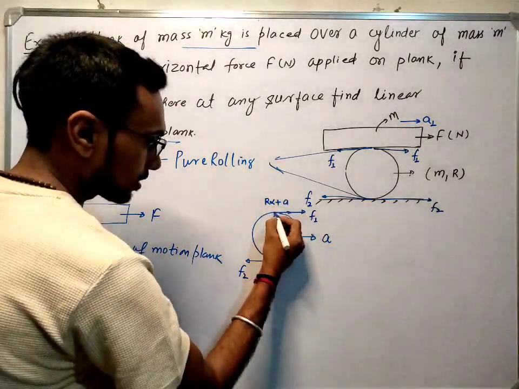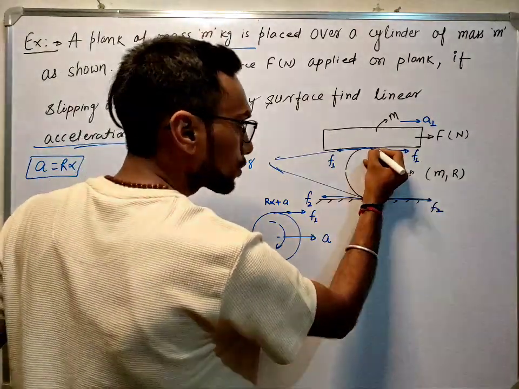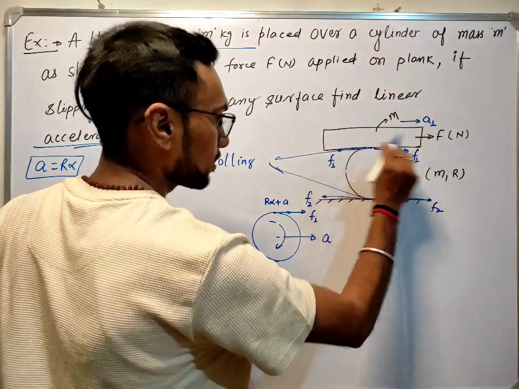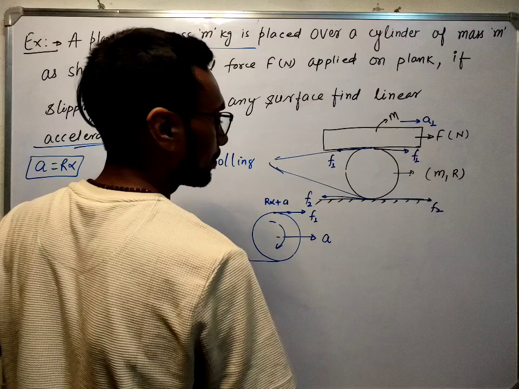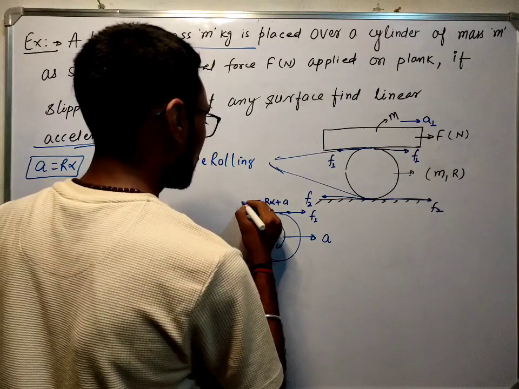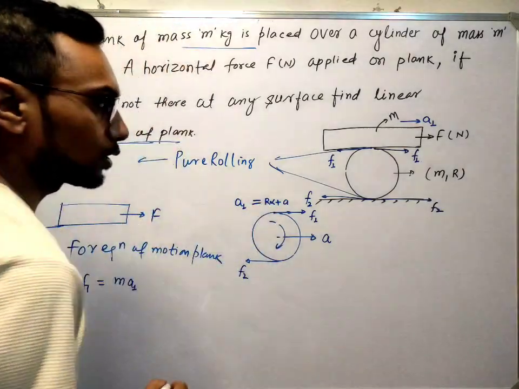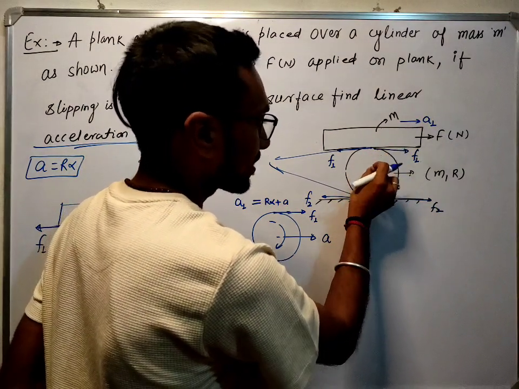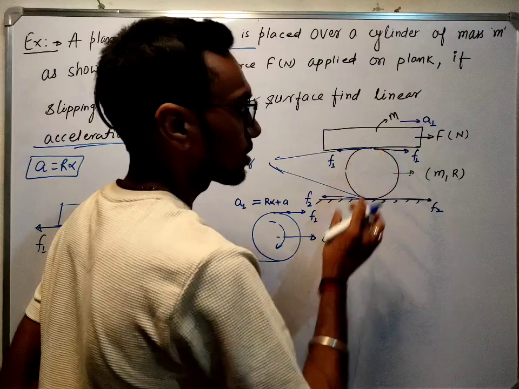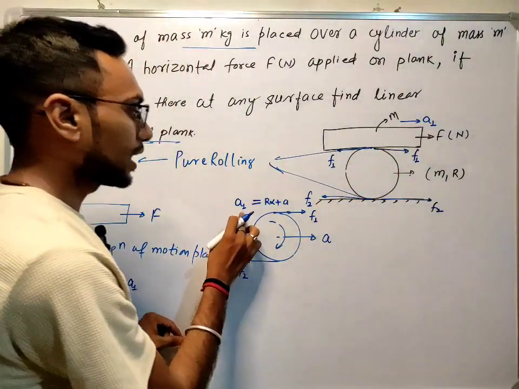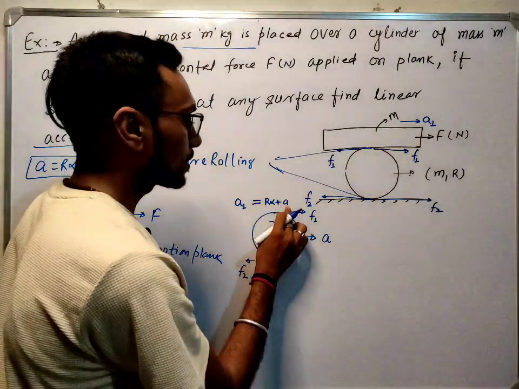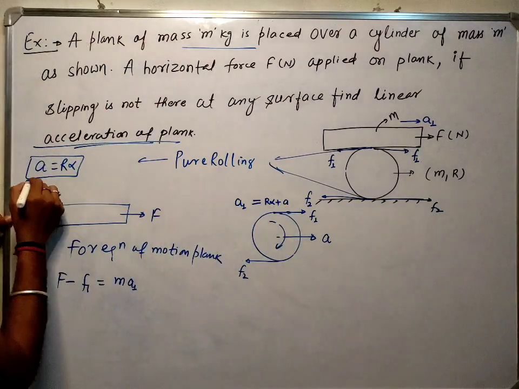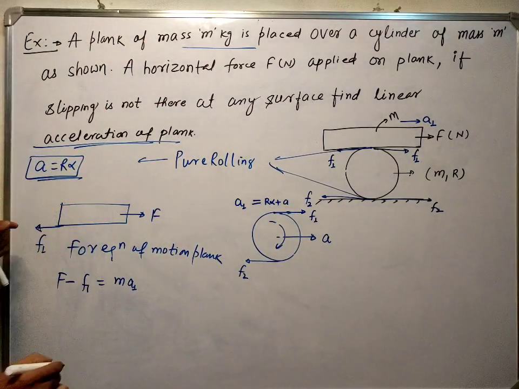So this point, the topmost point of the cylinder, is moving with A plus alpha r. That is nothing but A1, because the contact point is moving with the cylinder as well as the plank. So A1 equals alpha r plus A, and due to pure rolling we can write A equals r alpha.